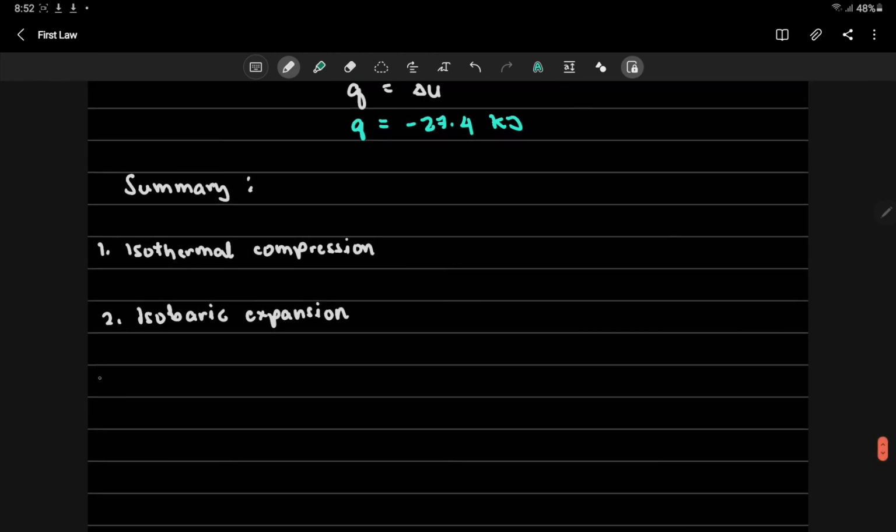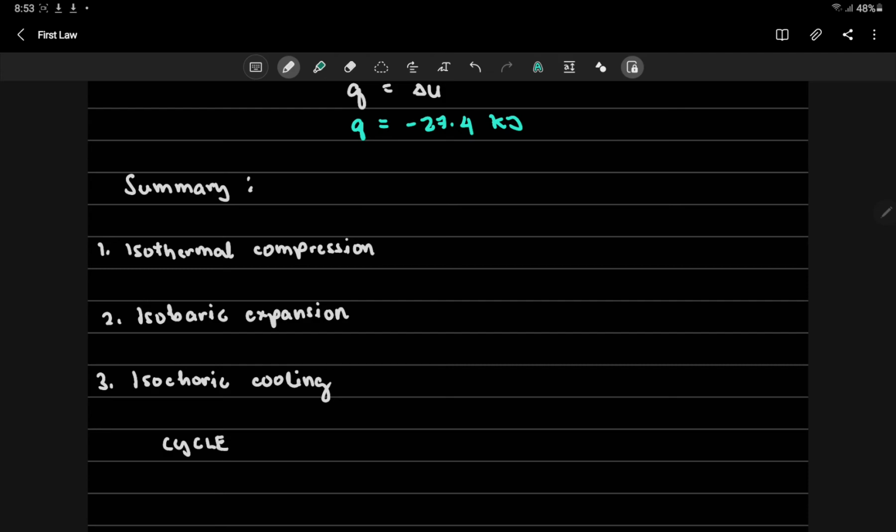Number 3 is isochoric cooling. Okay. Now, if you add steps 1, 2, and 3, it will add up to the whole cycle. So, yan yung ating pinaka-cycle.